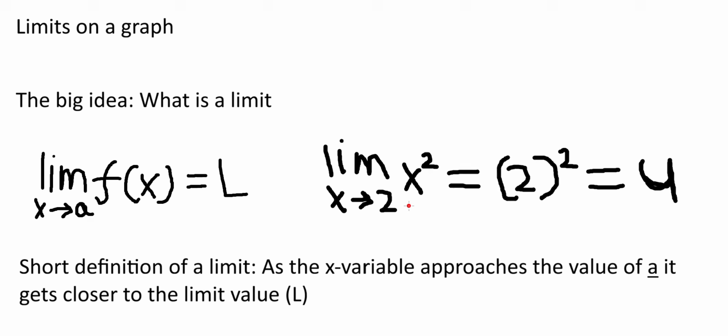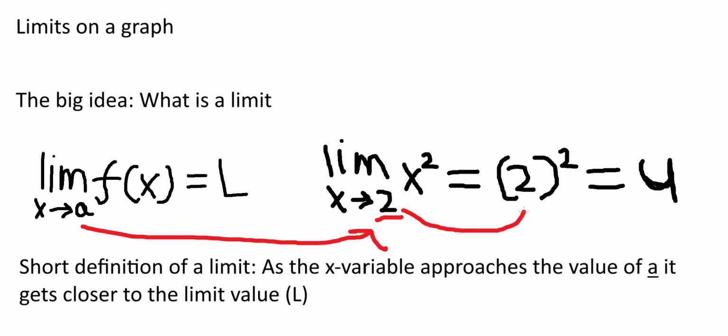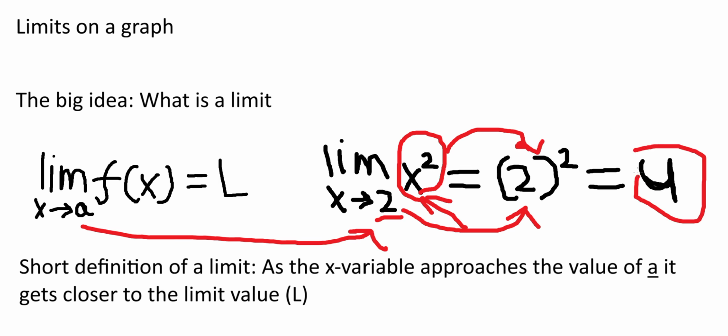To find the limit of this, we basically input the a value here into the x, you see that they're all connected. So we input the 2 into the x, we square it because that's what's inside of this. Then that gives us the limit of 4.